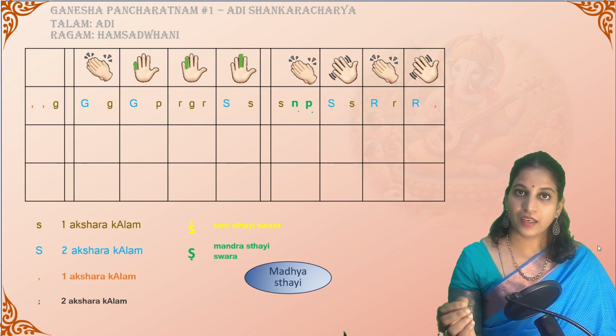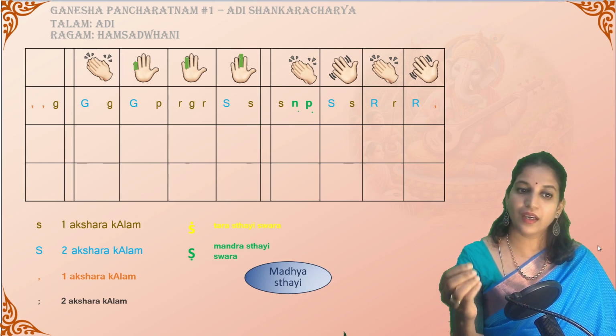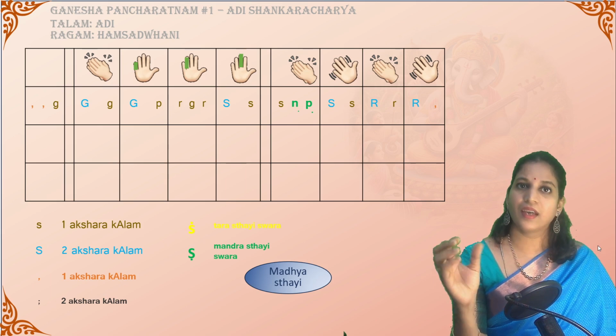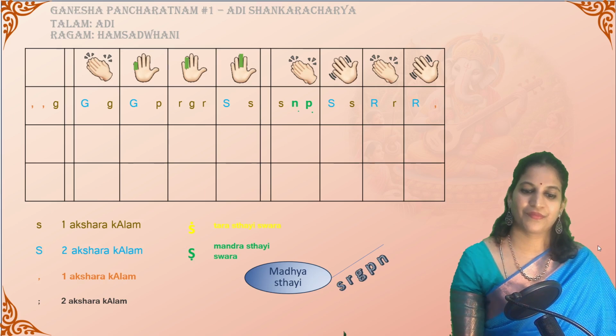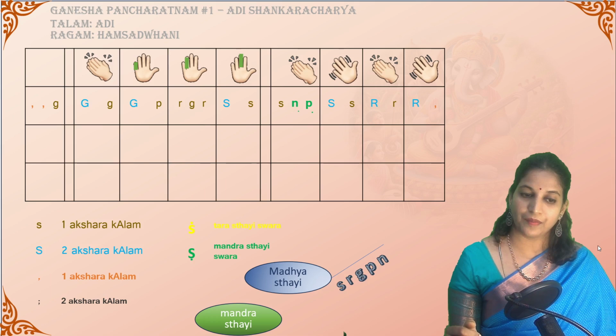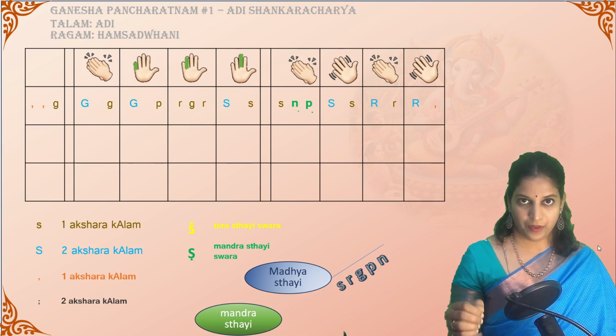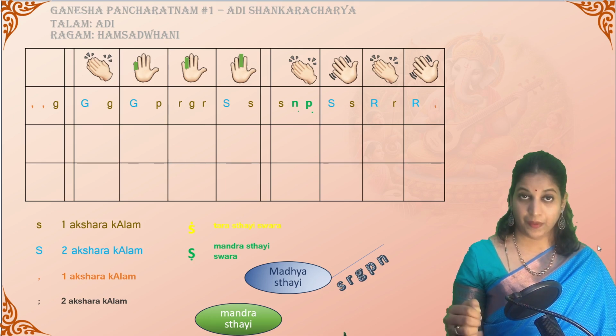Sa, re, ga, pa, ni. These swaras belong to madhyasthai. And then we have mandrasthai. Ni, pa, ga, pa, ni.